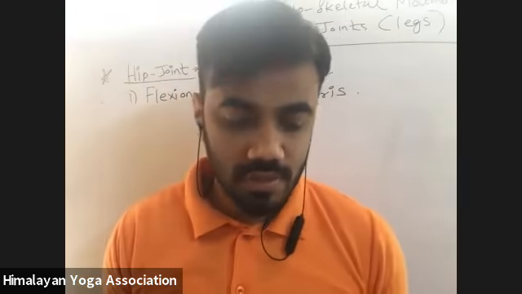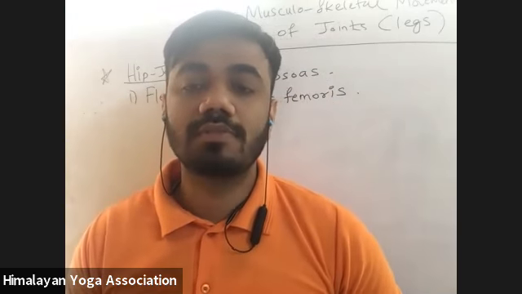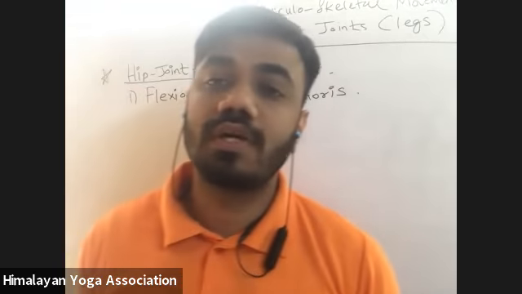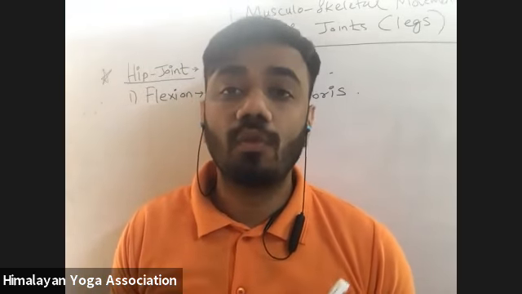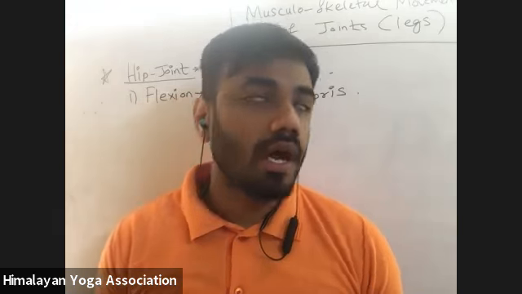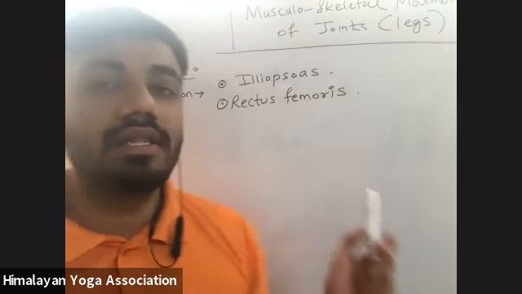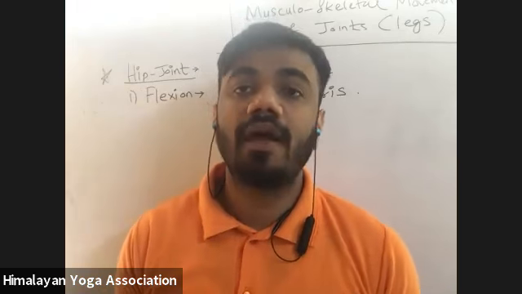Iliopsoas is a deep muscle which originates from the pelvic and lumbar region, and it ends in our femur. The rectus femoris also originates from the pelvic, but it ends in our tibia, which means in our shin.